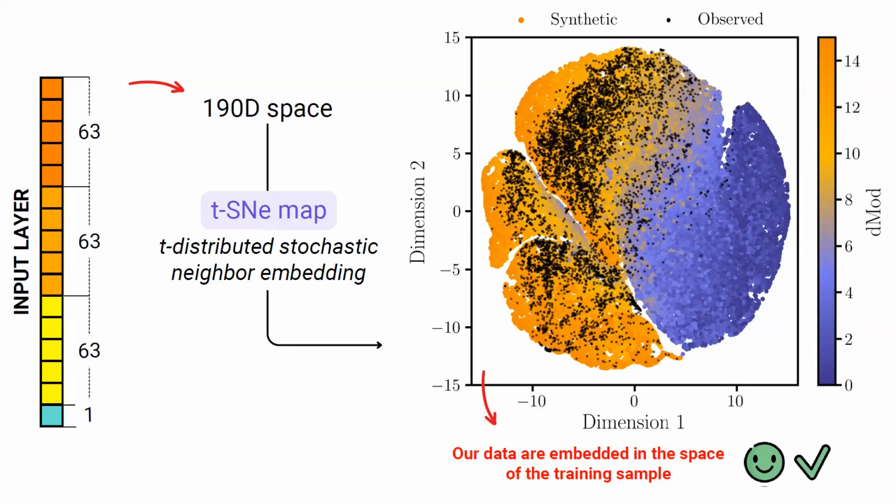You can clearly see that things that are very nearby are all more or less in the same zones, except for these ones that have more difficult characteristics to model. What you want to ensure is that your observed data are well embedded, at least, inside your space of training samples.